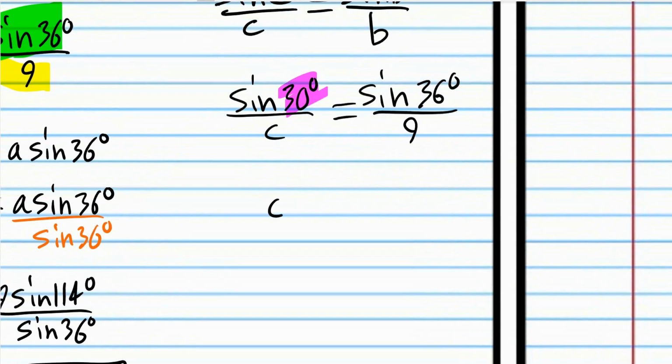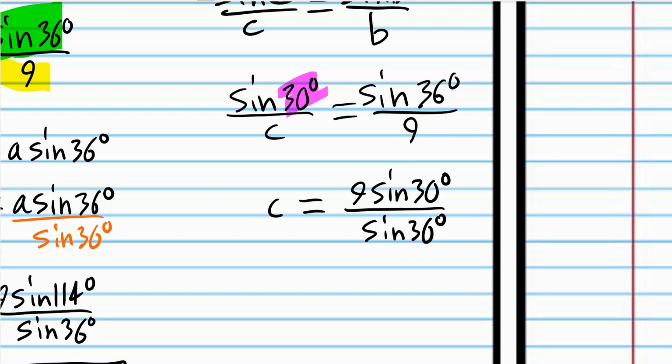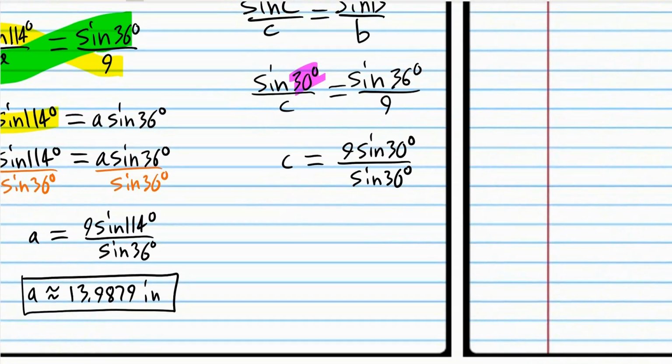So again, I'm not going to show the algebra every time that we do this, because I don't want to bore you. But if you solve for C, you should get the following. And then we can go to our calculators. 9 times sine 30 degrees, enter, and then divided by sine 36 degrees, enter.